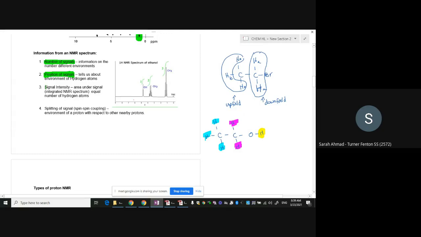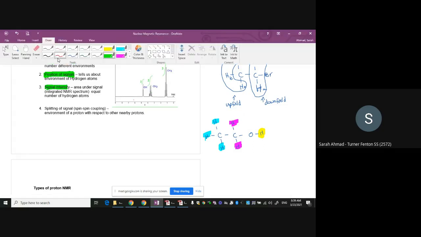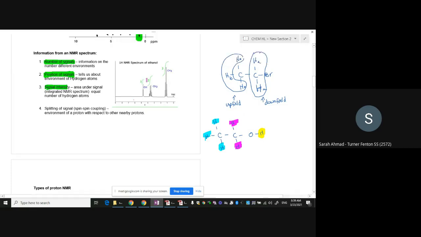The signal intensity is basically they take the area under all these little peaks and they add it up. And so sometimes on an NMR spectrum, there's an integration trace that's given. This is integrated. So notice how it's giving you a 1 to 2 to 3 ratio of hydrogen environments.